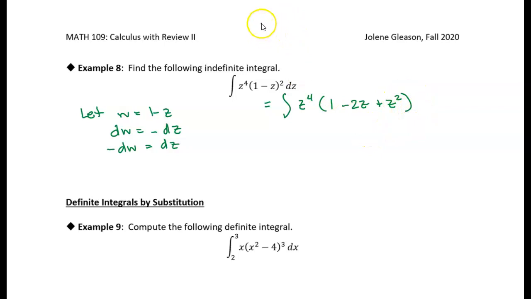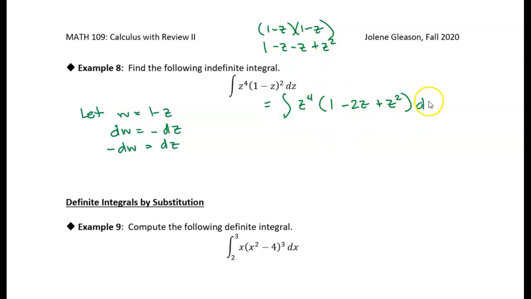You can always think of it as 1 minus z times 1 minus z, and then FOIL it. So you're going to get 1 times 1, and then minus z times 1, and then outer is minus z times 1, and then minus z times minus z, which becomes plus z squared. So you can always FOIL it out. Don't get yourself confused.